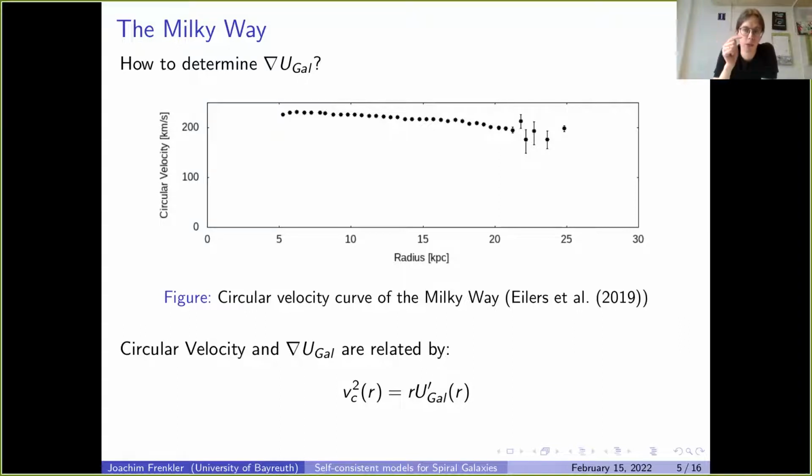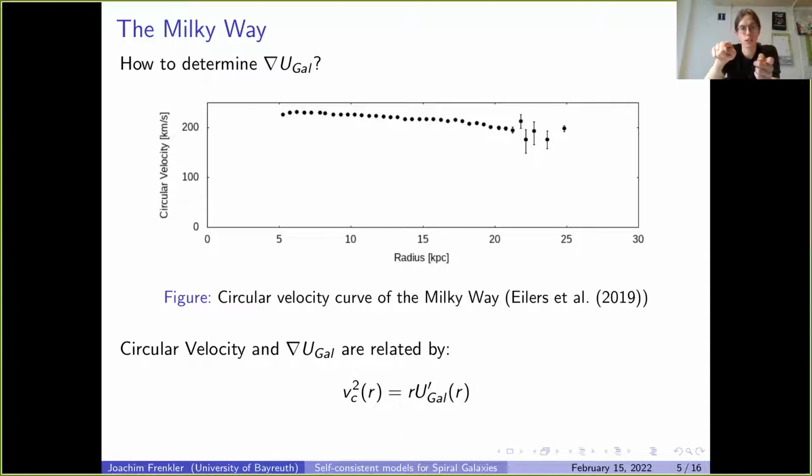And if you remember this cross section that I've shown you at the beginning, the interstellar medium can be found in a region between 4 kiloparsec and 20 kiloparsec. And when you now look at this diagram of the circular velocity curve, we see that in the region between 4 kiloparsec and 21 kiloparsec, the circular velocity curve is almost flat.